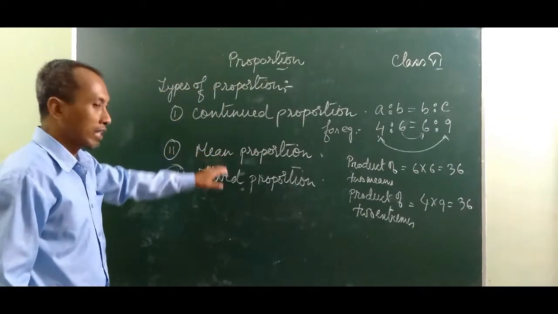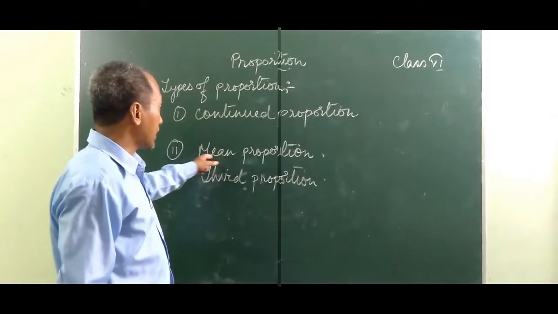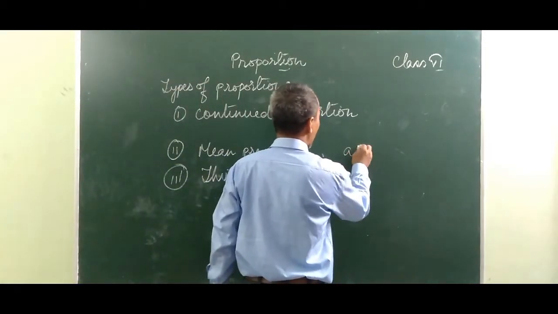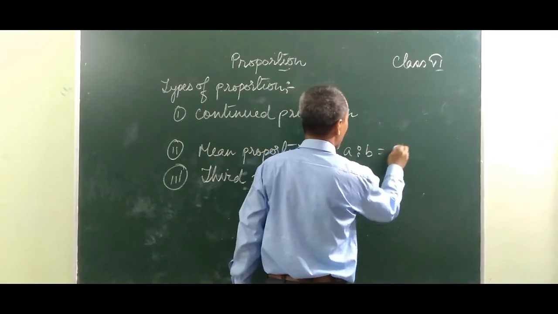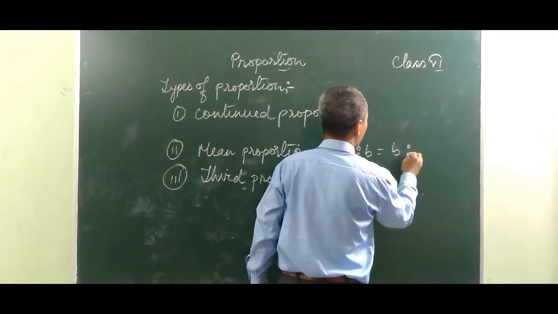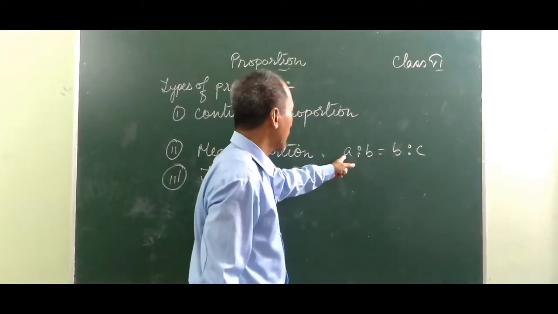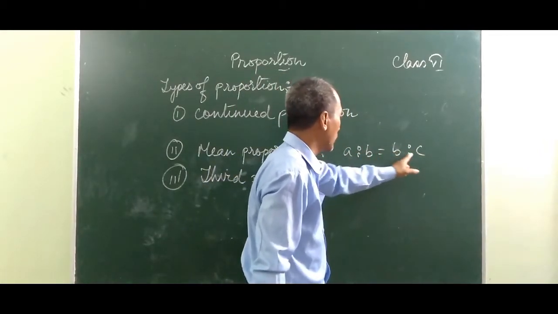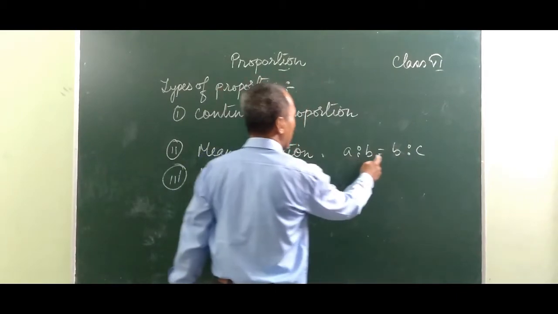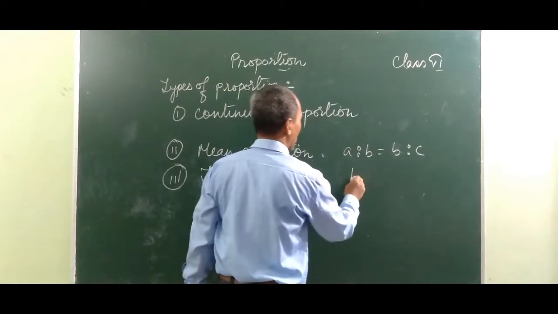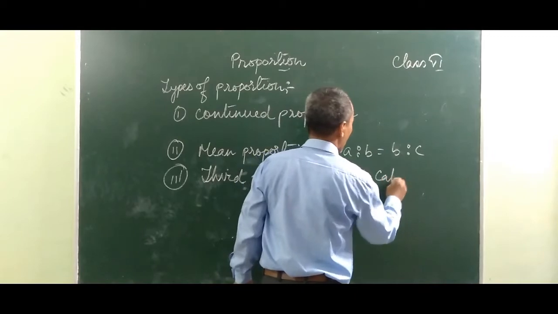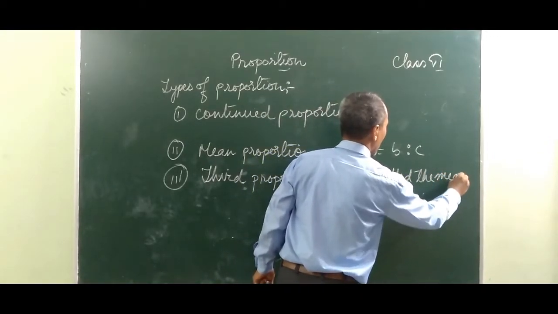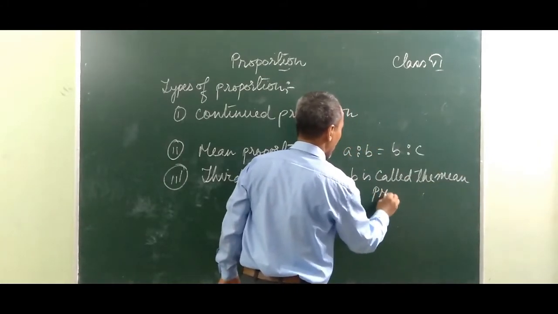Now we shall study about the mean proportion. Here we will take the example of A is to B is equal to B is to C. So here this is continued proportion. A is to B and B is to C are in continued proportion. But here B is called the mean proportion.